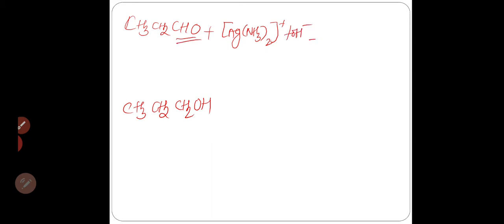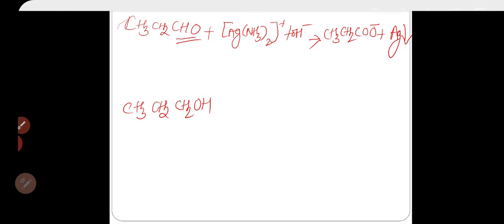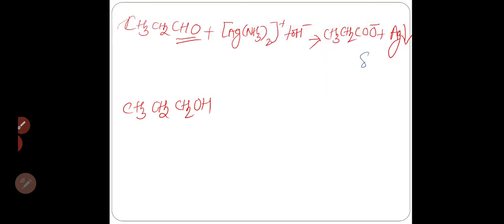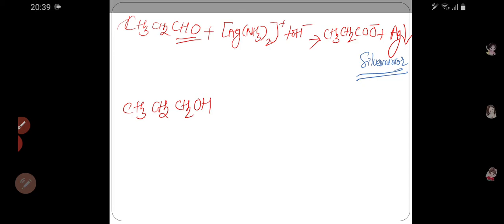Propanal is an aldehyde. What happens is the alkyl group will remain as it is, CH3 CH2 no change, then CHO will change to COO minus and you will get Ag. It gets deposited. Now formation of this Ag, what does it lead to? This will lead to formation of silver mirror. You must write this; highlight this while writing down the answer, highlight silver mirror.